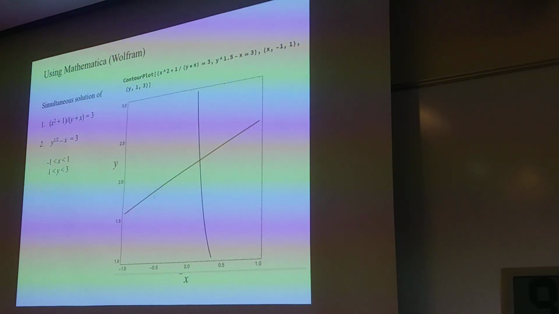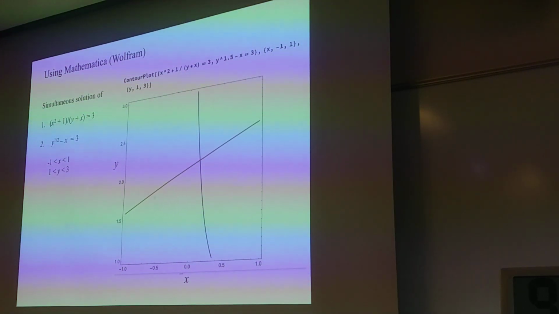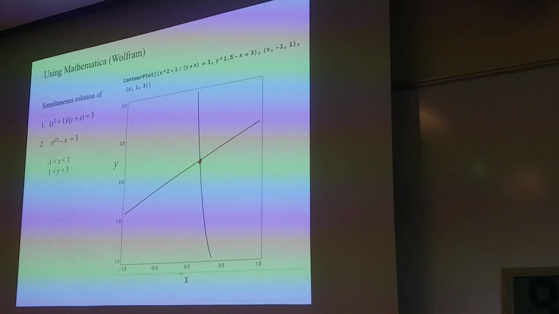Here I've written it as x and y, and just as an illustration, I've shown the simultaneous solution of x squared plus 1 over y plus x equals 3. The second equation is square root of y minus x equals 3. And I put an allowable range here, -1 to 1 for x and 1 to 3 for y. And that gives me only a single root here that I can find. And I can, of course, home in on that and get it to any degree of accuracy I might want.